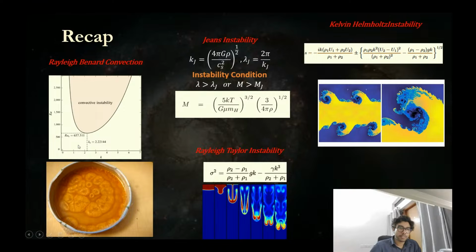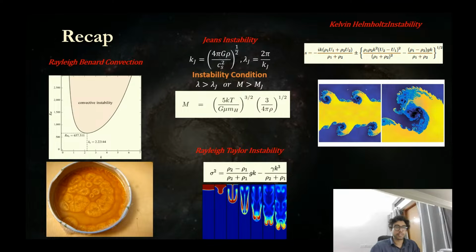After that, we studied the Rayleigh number, and this is the plot of Rayleigh number with respect to wave number or wavelength. You can see that at a fixed Rayleigh number, you would have these wave numbers which will be stable, whereas these wave numbers will be unstable, and then again some other higher wave numbers which are stable again.